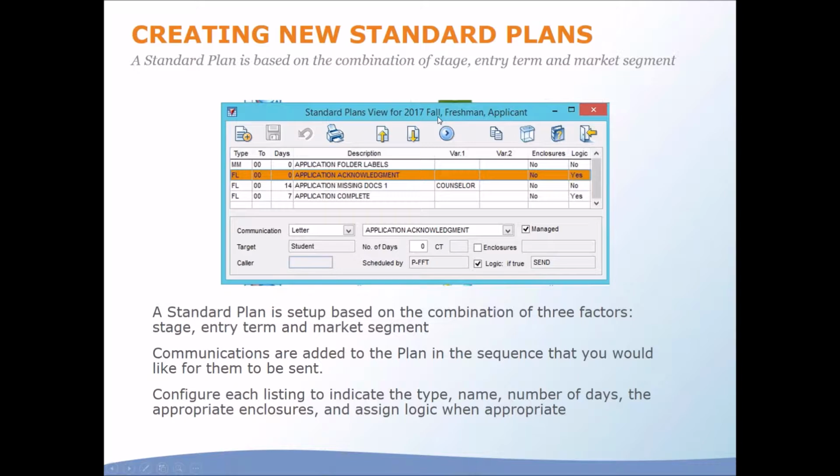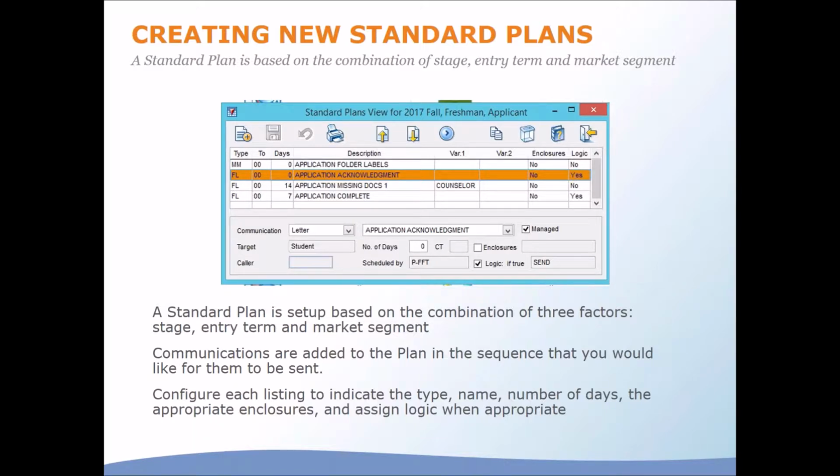So as I look at my plan in this slide, I see that it's been set up for the entry term of fall 2017. Do you see that in the header? The market segment is for freshmen, and then the stage is the applicant. Now your market segments may be different from what I have here because market segment is customized for each client, whatever is appropriate.